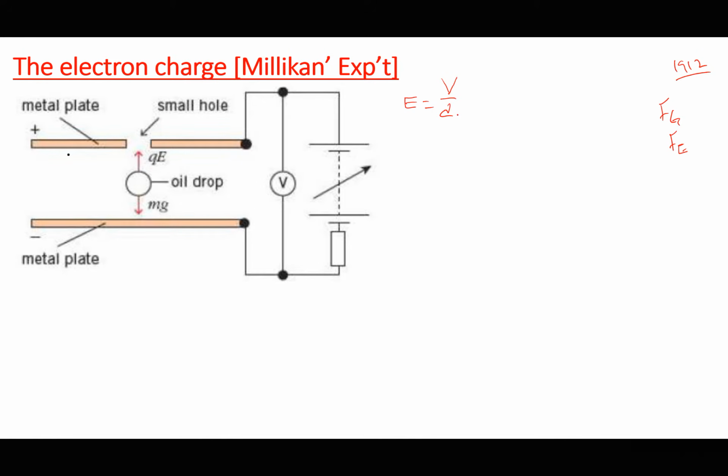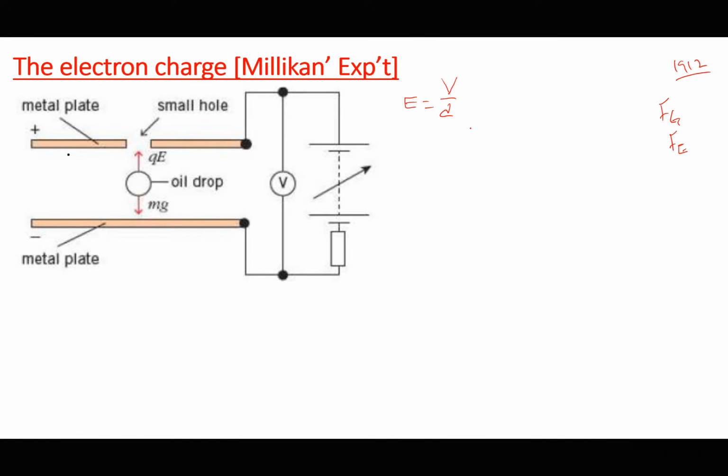So Millikan realized or knew that the plates would produce a uniform electric field whose field strength would be given by the expression E is equal to V over d.